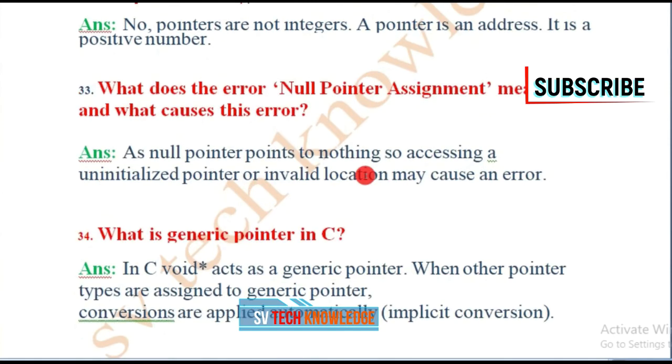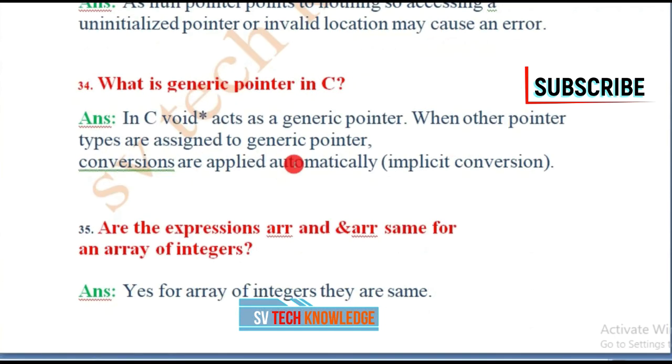What does the error null pointer assignment mean and what causes the error? As a null pointer points to nothing, accessing an uninitialized pointer or an invalid location may cause this error. What is a generic pointer in C? In C, the void pointer acts as a generic pointer.